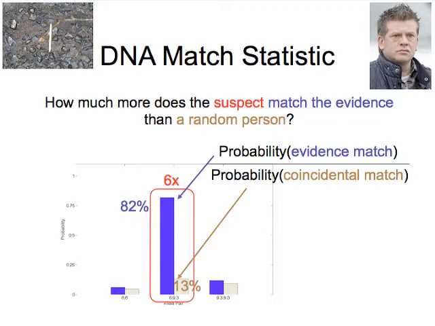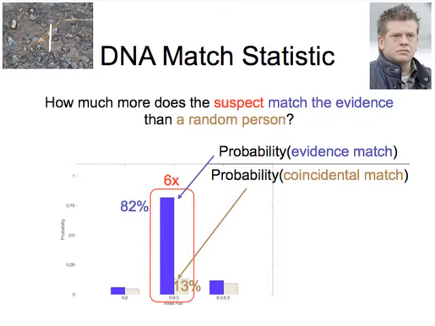And then we asked, what's the ratio of the blue probability, what we saw after the data, the evidence genotype, to brown? That is, to the population random genotype. What was the change in probability? If it's not the right person, it could go down. If it is the right person, it tends to go up. We don't know. In this case, it went up by a factor of 6.